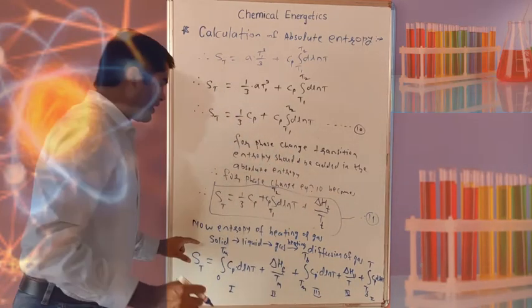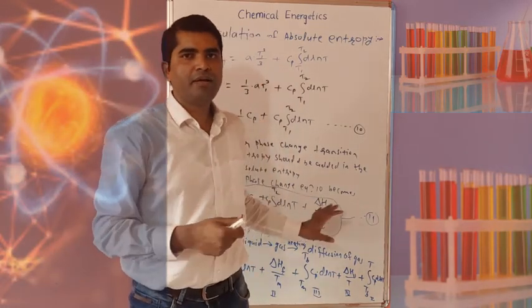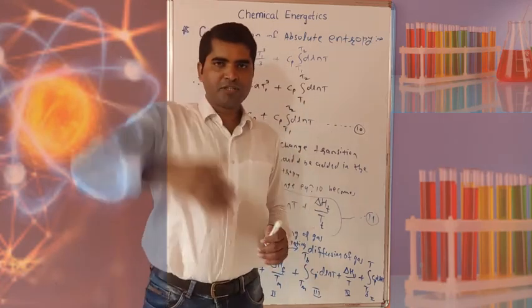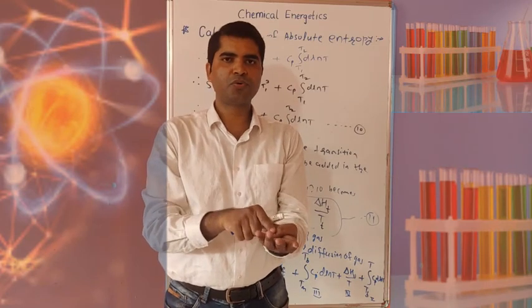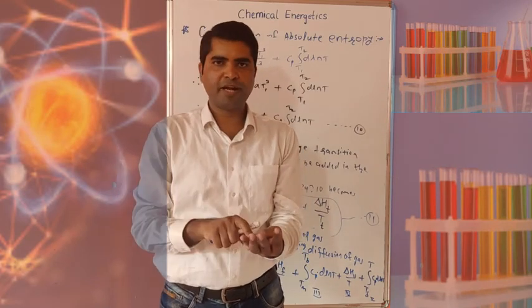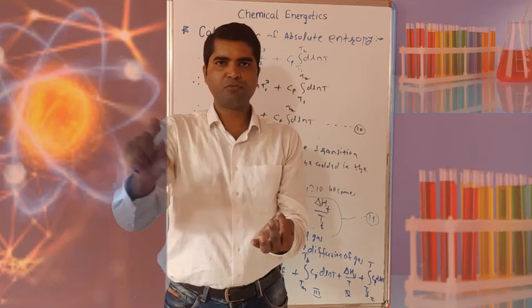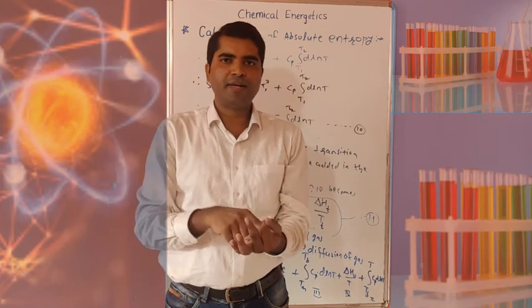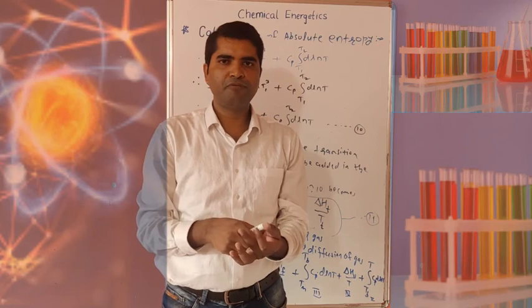So to calculate absolute entropy of heating gas, we have to add these 5 terms. So remember all the steps to calculate absolute entropy. First we have to apply the definition of entropy. Second, the heat capacity definition, mathematical formula, and from that definition, dS again you can change by using the Cp value.